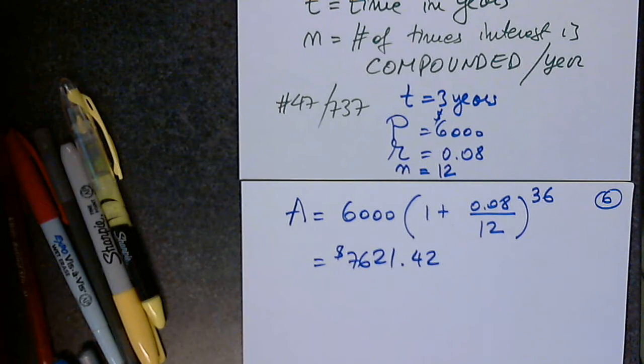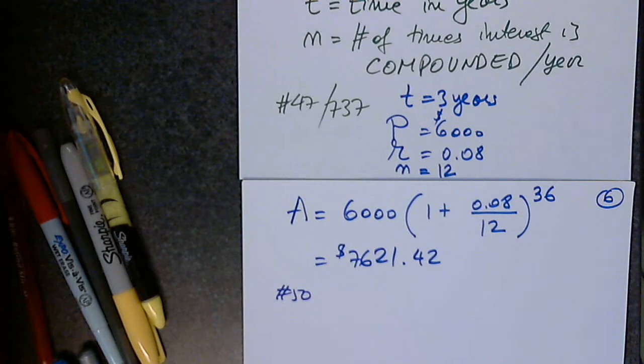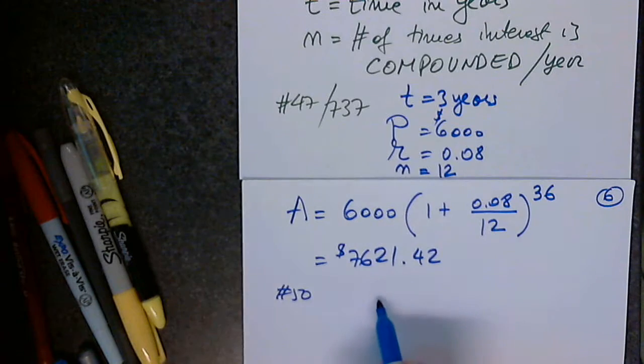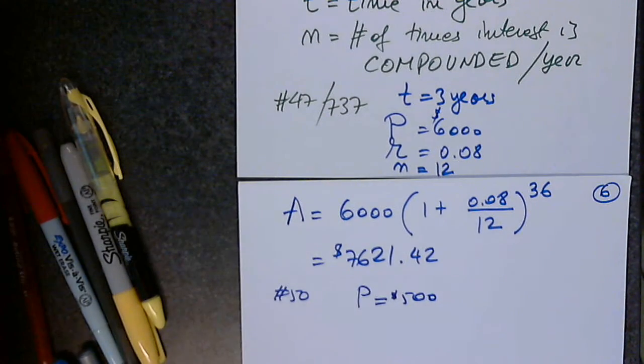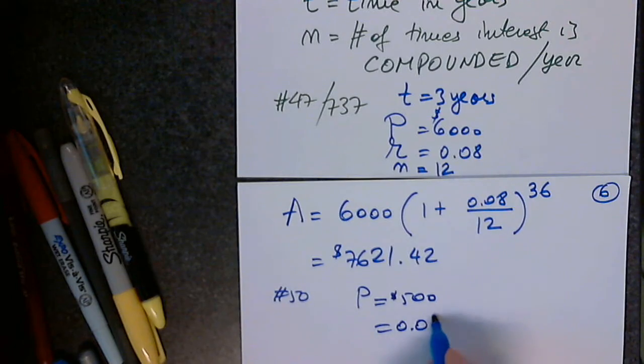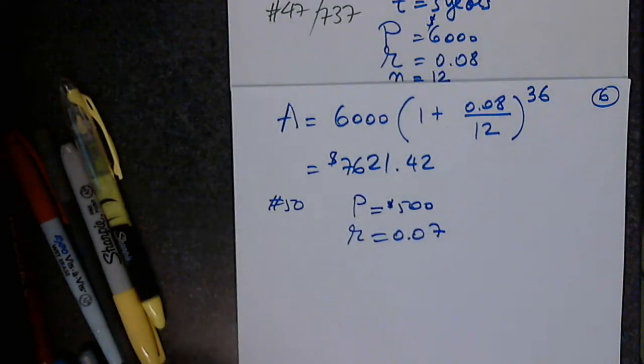Number 50. Find the amount accrued if 500 is invested. So what variable is 500? P. Very good. And earns 7%, which is 0.07. What variable is 0.07? Perfect.